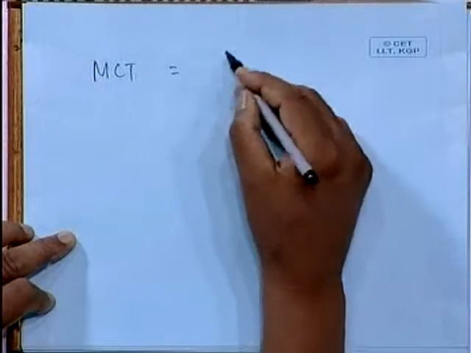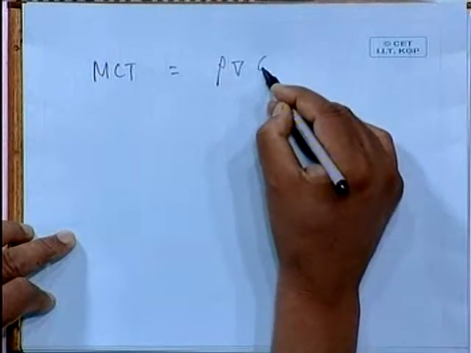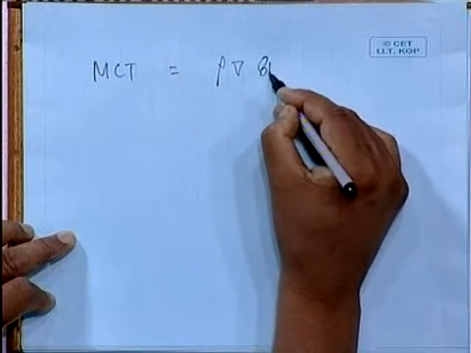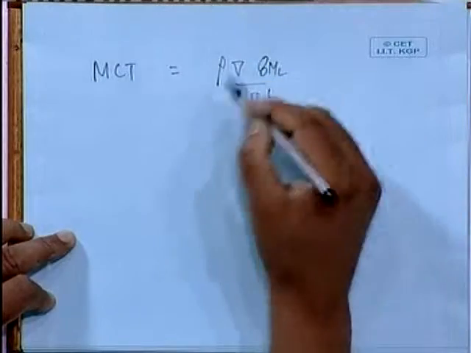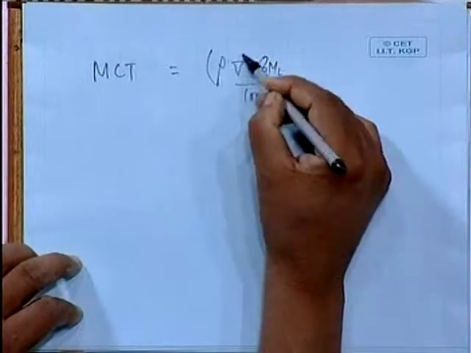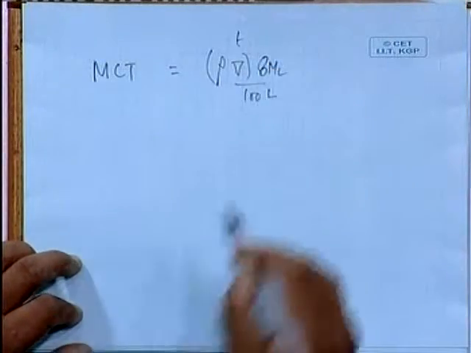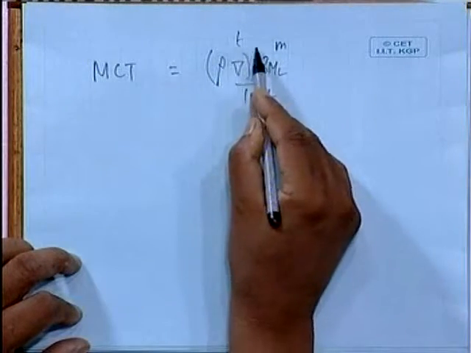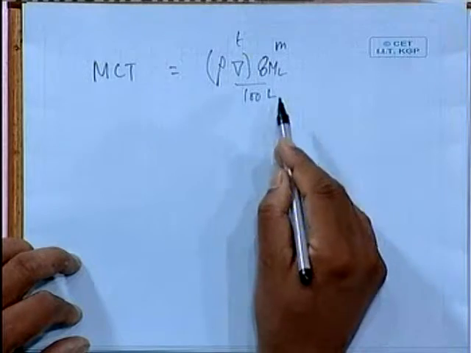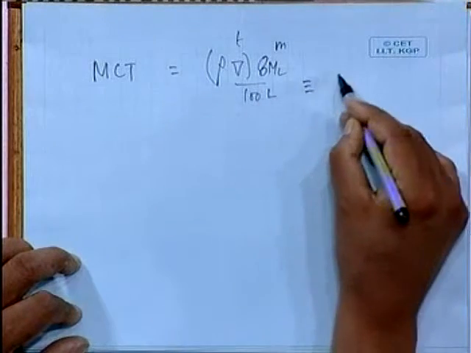If you write it this way, this unit is tons, this is meter, so it becomes ton meter divided by meter, so it becomes tons.